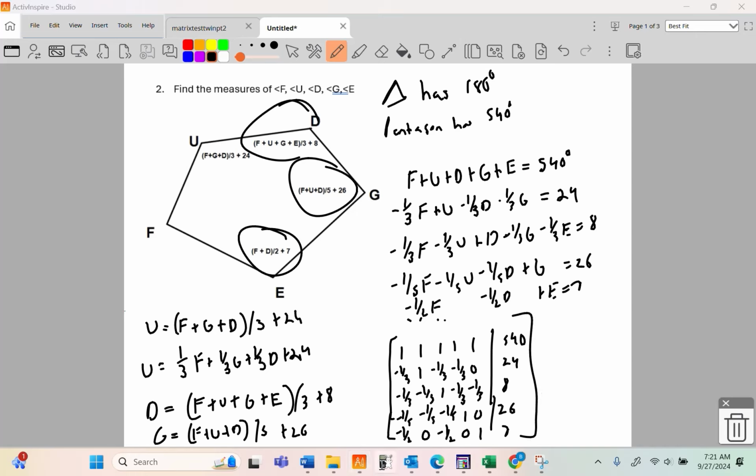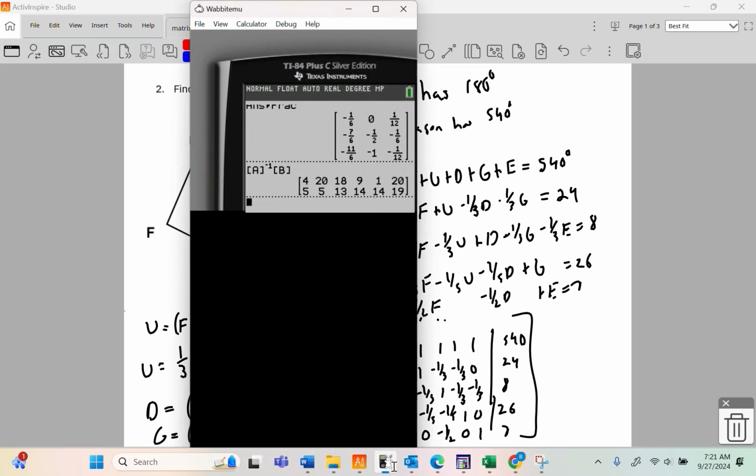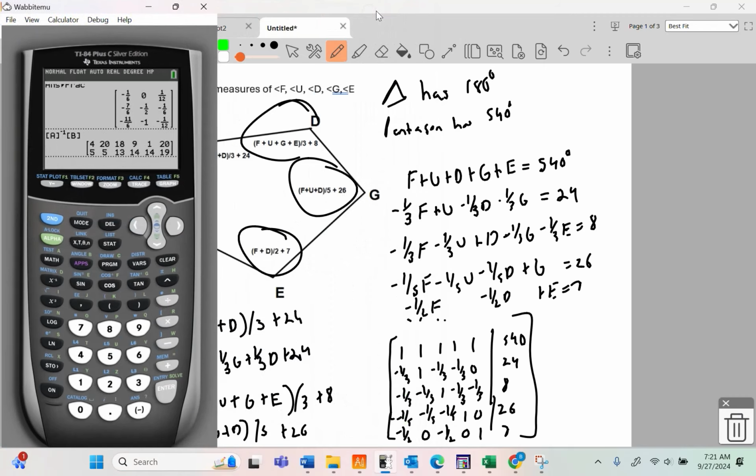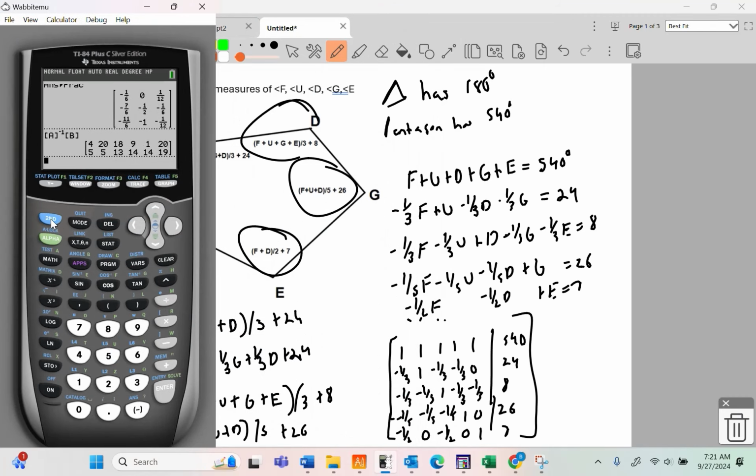All right, now I get to go to a calculator. So on your piece of paper, there are instructions on what I'm doing. But definitely play along. I'm going to go to second matrix. I'm going to scroll over to edit. This particular matrix is a 5 by 6. It has 5 rows and 6 columns.